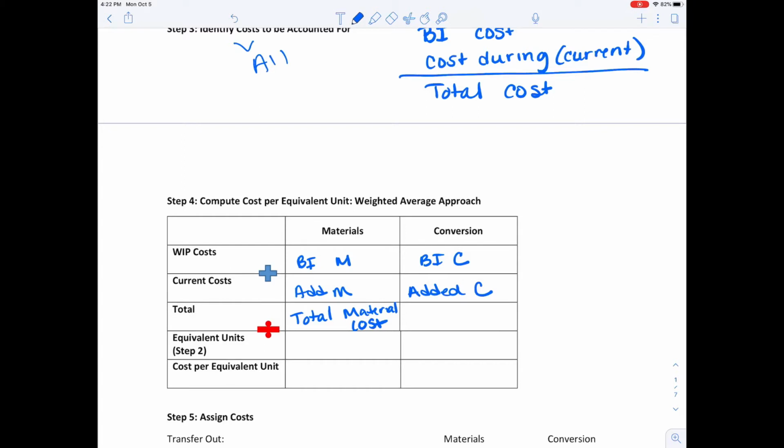And then we're going to do the same thing and say this is our total conversion cost.